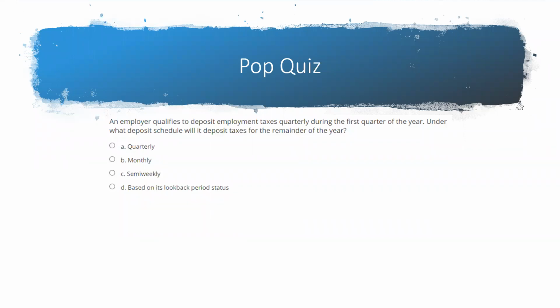So first of all, pop quiz. An employer qualifies to deposit unemployment taxes quarterly during the first quarter of the year. Under what deposit schedule will it deposit taxes for the remainder of the year? Don't let it trick you.